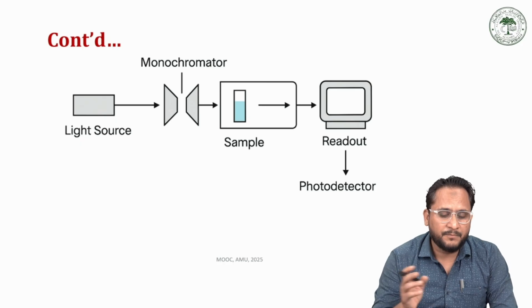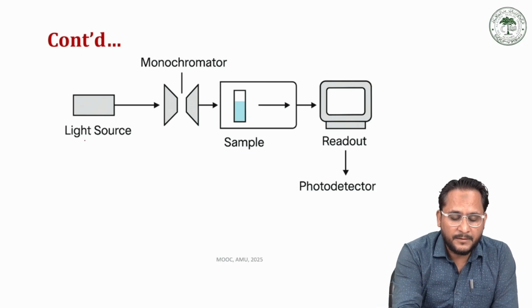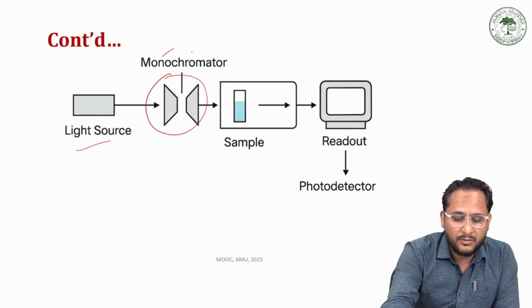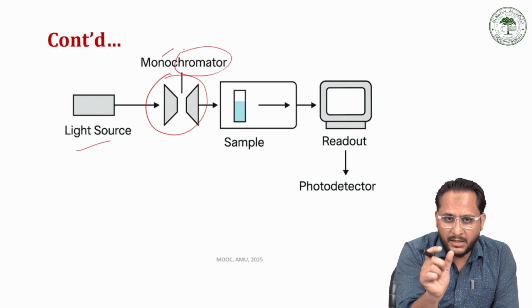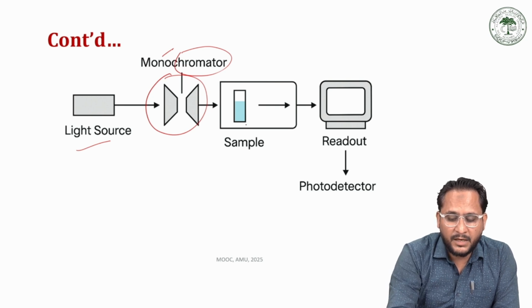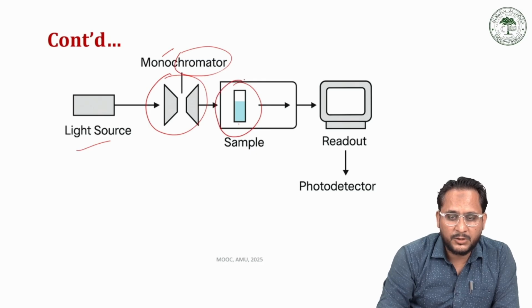So this is a flow chart representing an absorption spectroscopy. We have a light source which creates light radiation that passes through a monochromator, which selects a particular color. Mono means one and chromator means color. It selects a light of particular wavelength. Then this monochromatic light passes through the sample where interaction of the light with atoms and molecules takes place.